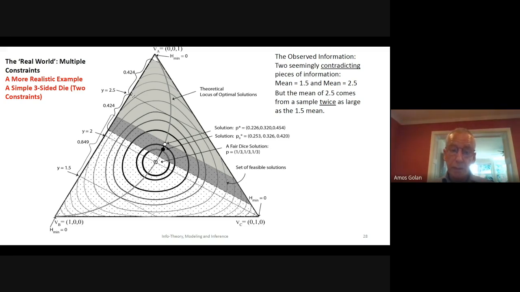So those are supposedly contradicting means, correct? Because if it's 1.5, and you have one constraint, the solution has to be monotonically decreasing. If it's 2.5, it's monotonically increasing, as we can see here.